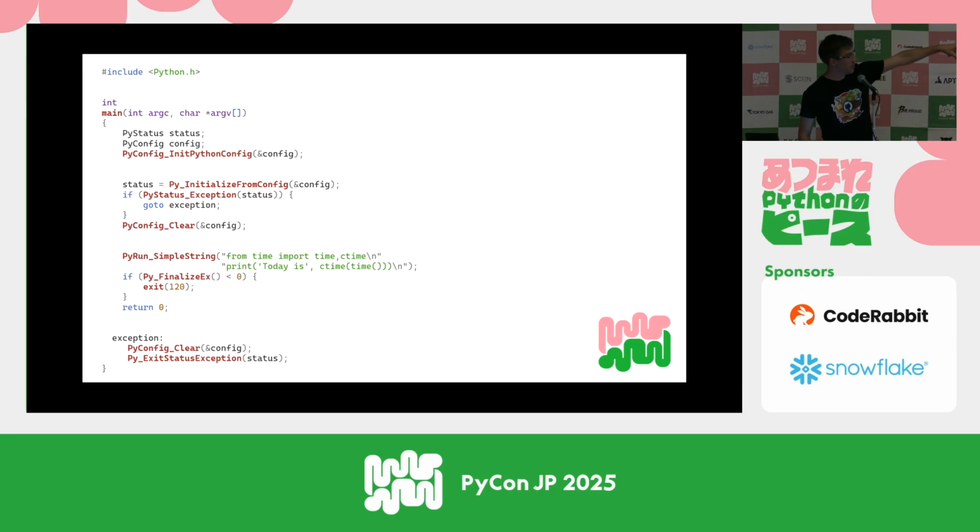So that's from time import time, and ctime, and print on the screen. These are the calls you need to make in the Python C API to initialize the Python runtime, to run a string, and then to get an output. So you could basically build this into a program, and that program is very, very similar to typing Python at the command line.